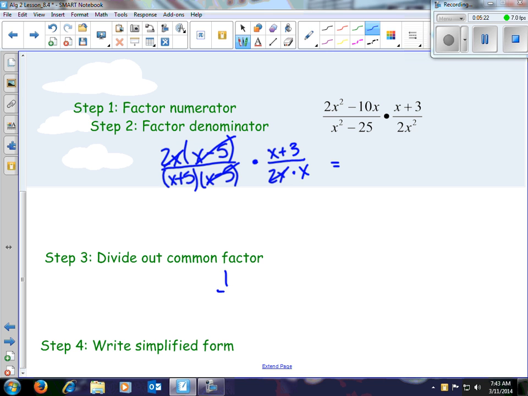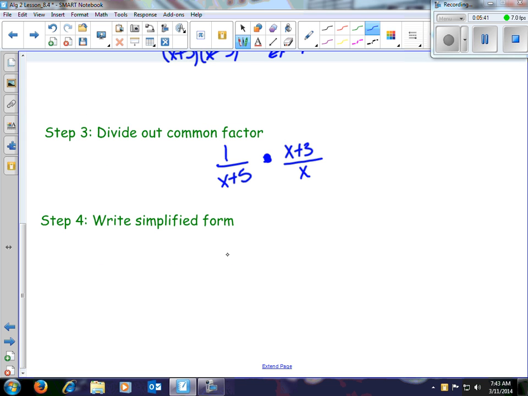So I am left with 1 over x plus 5 times x plus 3 divided by x. Then I can multiply and rewrite in simplified form. So I have 1 times x plus 3, so I have x plus 3 on the top, divided by x times x plus 5 on the bottom. And then that is done.